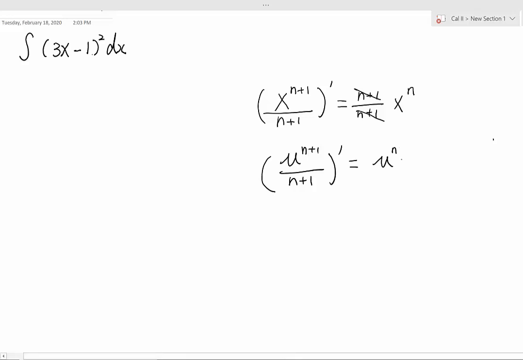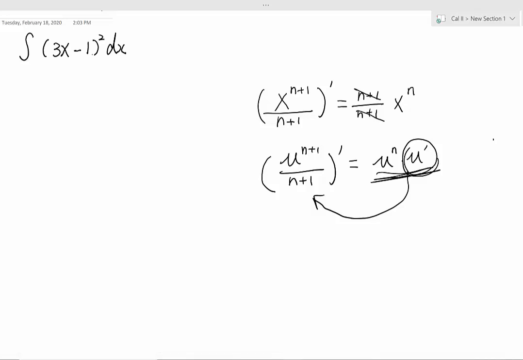So we have to multiply by the derivative of the inside u, which is u prime. This is the key for us to solve integration problems. If I can have something like this, we are able to do the inverse to get u to the n plus 1 over n plus 1. Can we get u prime?